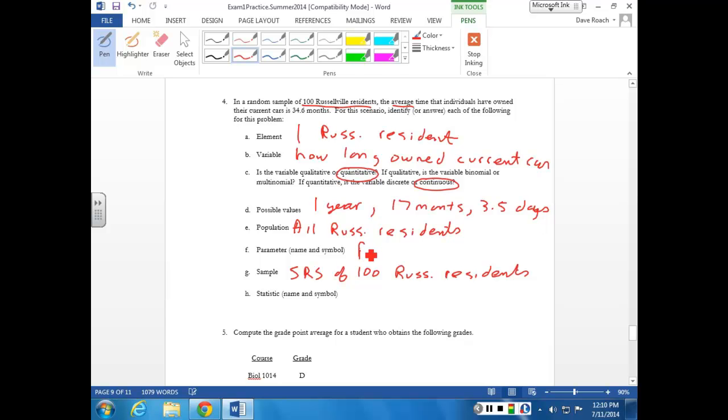Parameter is always going to be population, and statistic is always going to be a sample something. Conveniently, parameter and population both begin with the letter P, and statistic and sample with the letter S. And since we're looking at averages, both of those are mean. And the symbol for the population mean is mu, and the symbol for the sample mean is X bar.